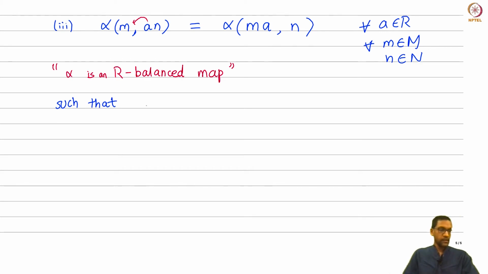Okay, such that it has the following universal property. What's the universal property?